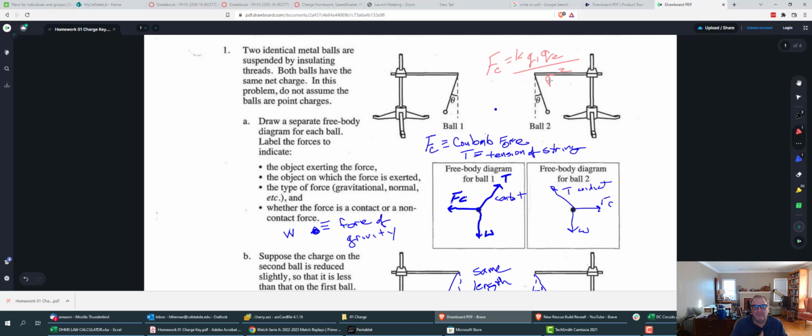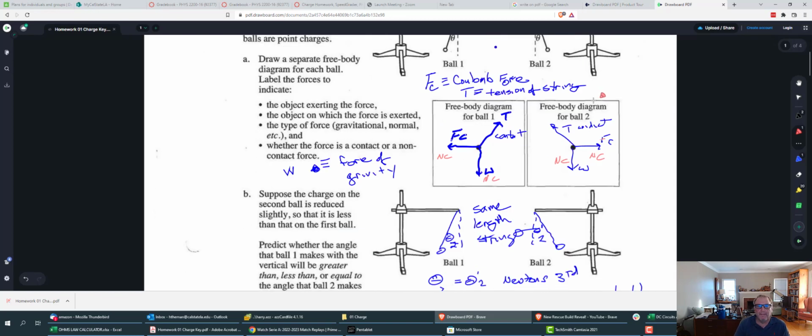So both F Coulomb and the weight are action at a distance or non-contact. So I guess I didn't write that. So this is NC, NC. That's certainly contact. I already put that there. And ANC, right? These are so-called action at a distance, Coulomb force and the force of gravity.